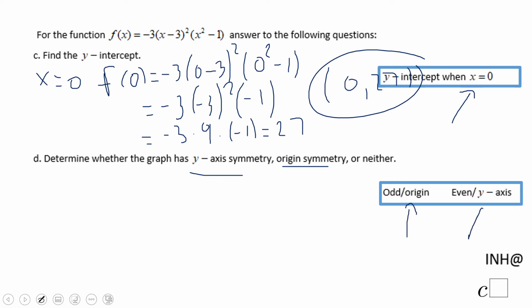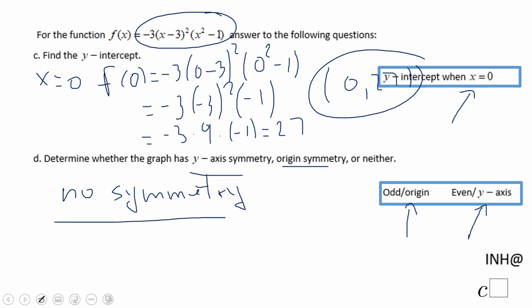If the function is even, the y-axis. This one is neither. If you FOIL it, which I wouldn't advise, you will notice this is neither, because there are so many terms that we get both odd and even parts, and it's going to be neither. So no symmetry in this case.